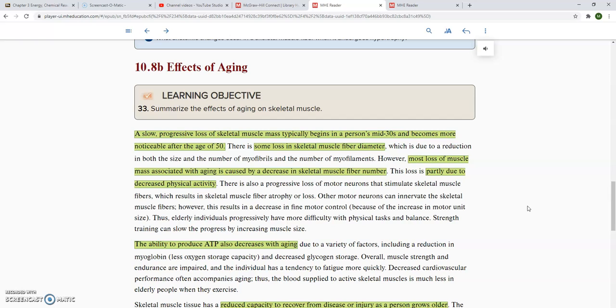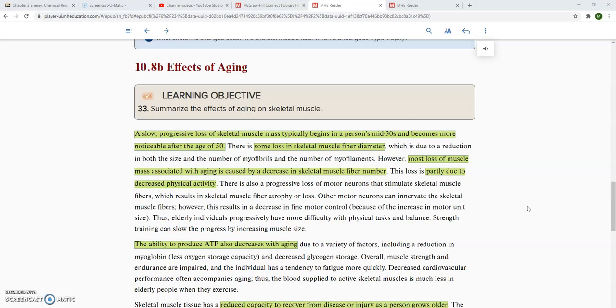So you do get some loss of that muscle mass because the skeletal muscles get smaller, so the diameter of them gets smaller. But most of it, which is the sad part, you actually have a decrease in skeletal muscle fiber numbers. You're actually losing some of those skeletal fibers. And partly it's due to lack of physical activity.